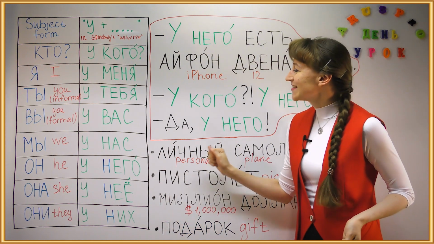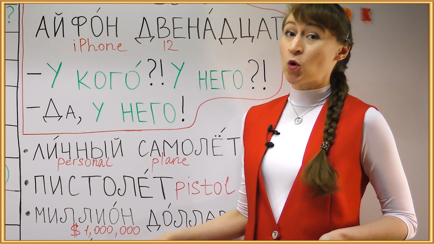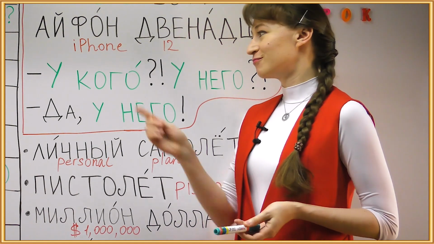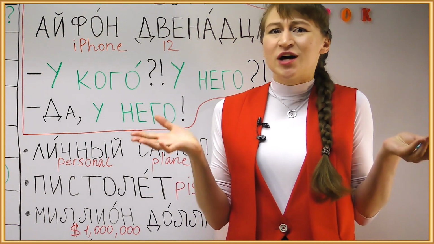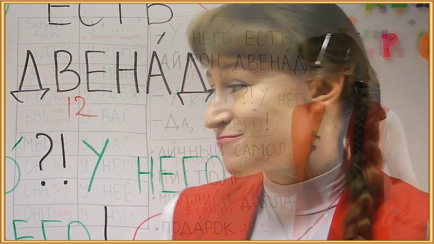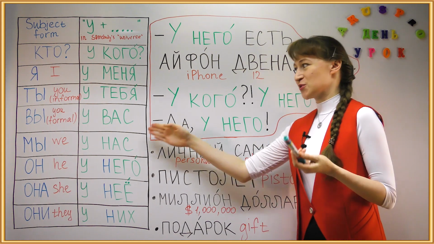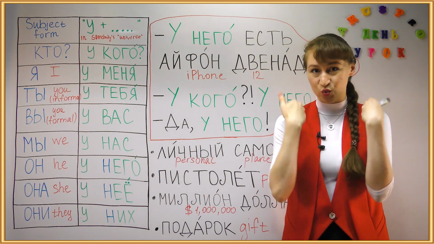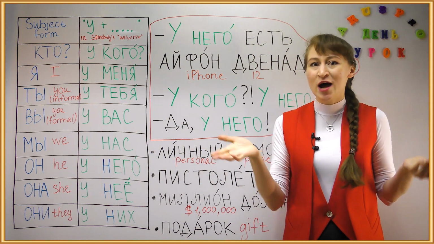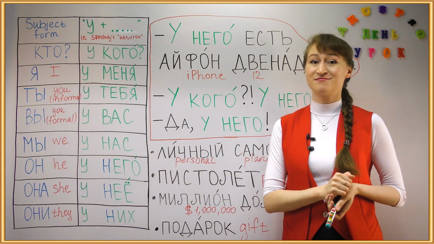Okay, next. У нас есть $1 000 000. У кого? У вас? Да, у нас. So here we say у нас, we have, у нас есть, and you will ask, who has? You have? У кого? У вас?